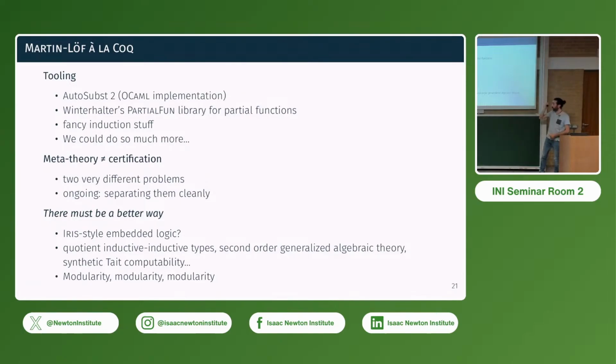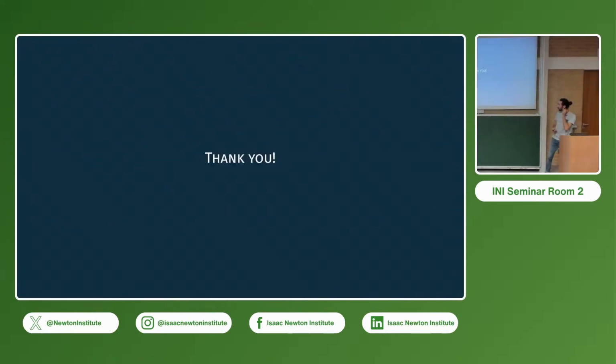And I think most of the proofs that we do there are very structural inductions and so on, so it wouldn't be too hard to do, but it would be very helpful. And I think that's mostly it for me. Thank you.